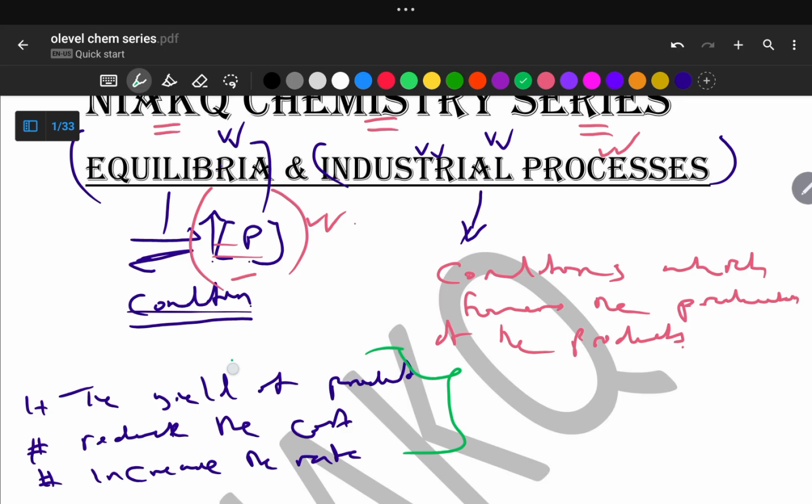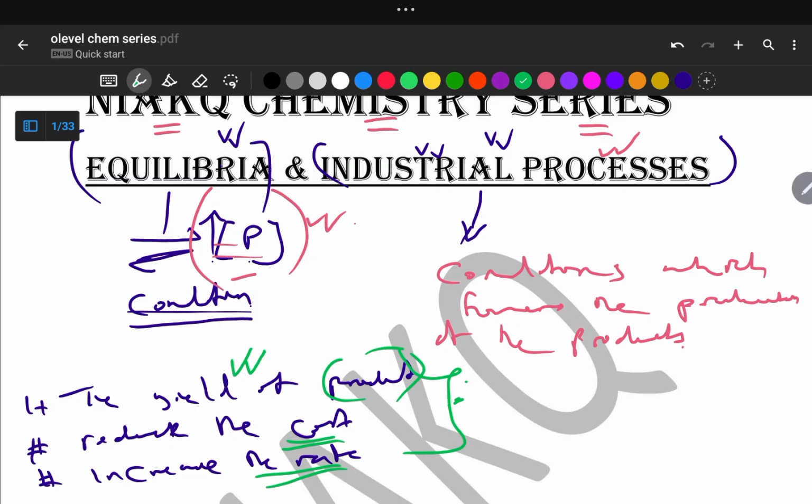We want to make sure that the yield of the products is increased. We want to cut the cost so that it can be of economic benefit, and also to increase the rate so that we can increase the production rate. So we are going to use compromise conditions so that we can meet all these factors together, right?